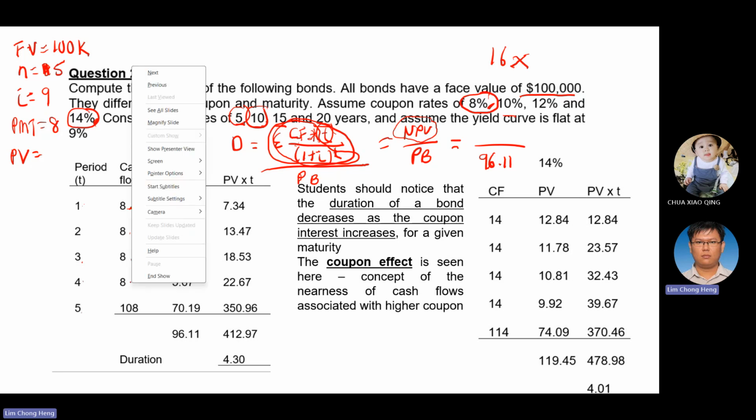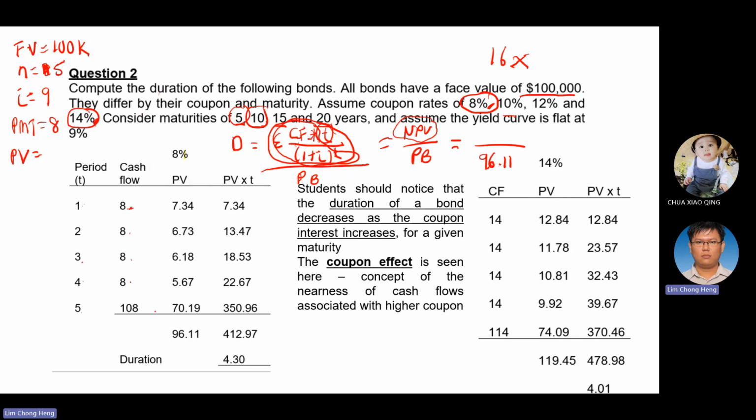And then the last year, year 5, I receive coupon payment 8,000. At the same time, I will receive my principal, my future value, 100,000. So 8,000 plus 100,000. So we have 108,000 here at year 5.